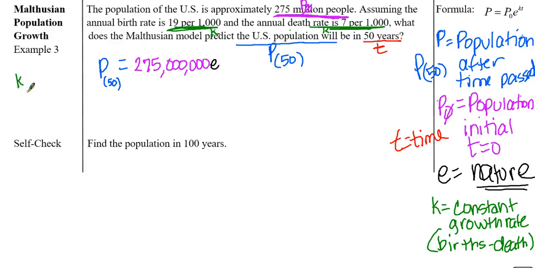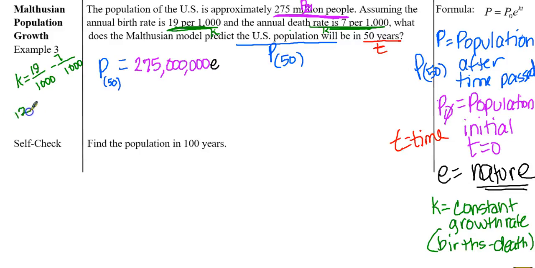Okay, so to find K, we have to do births minus deaths. And of course, we could plug that into the calculator and just tuck some parentheses around it, but why not just do it? It's 19 per 1,000 minus 7 per 1,000, right?